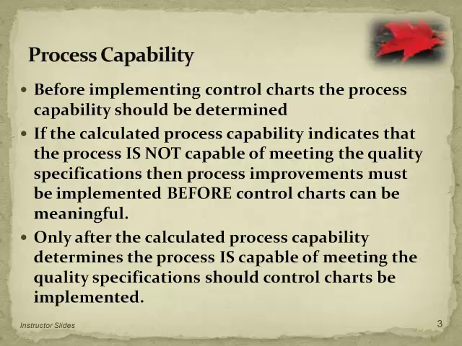Then and only then can we ask the question, is the process in control? In other words, is it still capable today, just like it was yesterday, of meeting the specification?